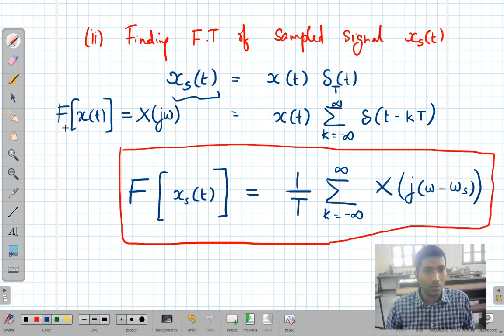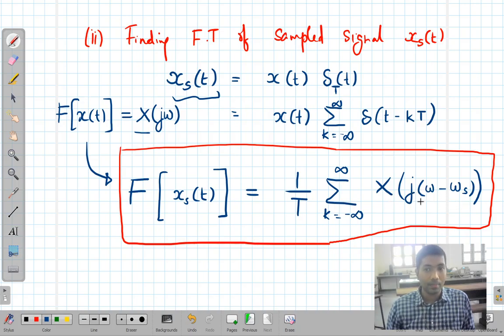Now the Fourier transform of the sampled signal is 1 by capital T summation k equal to minus infinity to infinity of the same X, the Fourier transform of x of t, evaluated at j times omega minus k omega s.